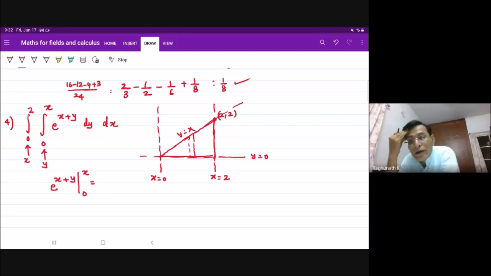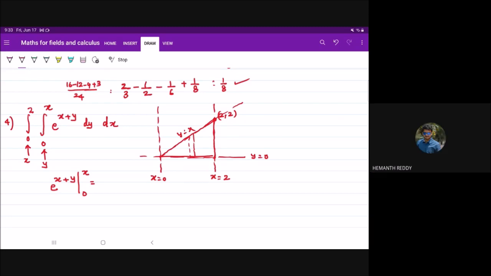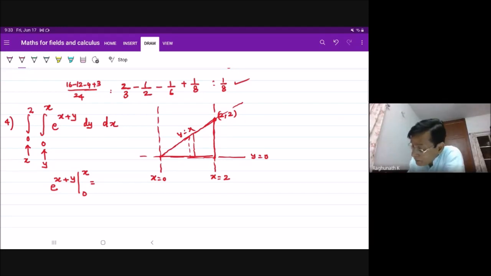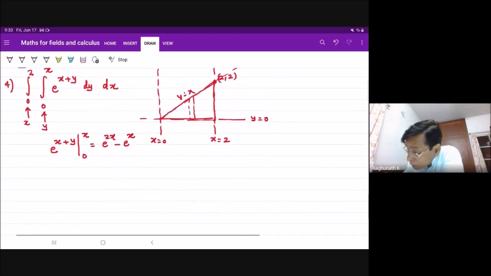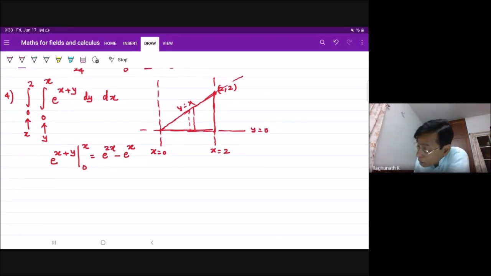Correct, no? Yes, sir. Okay. Is equal to e power 2x minus e power x. If I evaluate it with respect to y, it is e power 2x minus e power x.